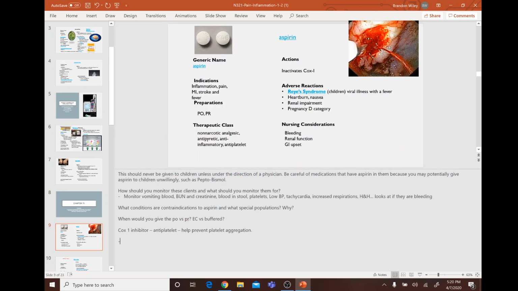All right, what is aspirin used for? Inflammation, pain, MI, stroke, and fever. How is aspirin prepared? PO or PR. What is the therapeutic class of aspirin?